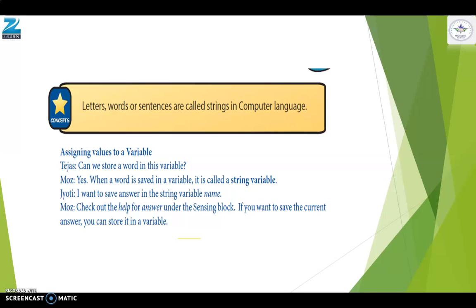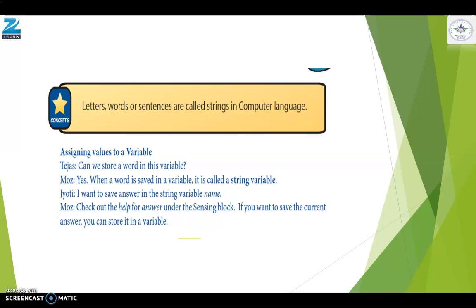Assigning values to a variable. Now we have created a variable, how do we assign a value to it? Can we store a word in this variable? Yes. When a word is saved in a variable, it is called a string variable. I want to save the answer in the string variable name. Check out the help for answer under the sensing block.